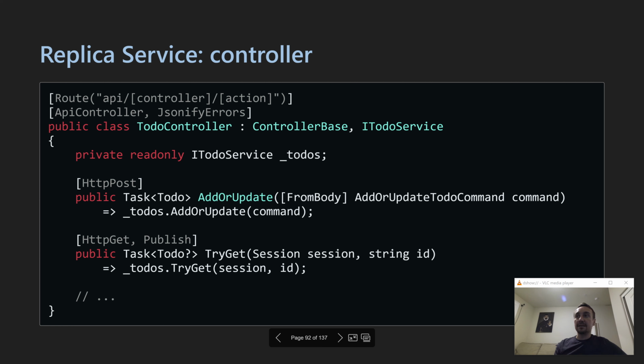The only difference is that its methods that return a computed value, like TryGet for example, all of such methods also have to be decorated with the Publish attribute, and this attribute is important. As for what it has to do, it should just forward the calls to the same service that it describes, and that's it.